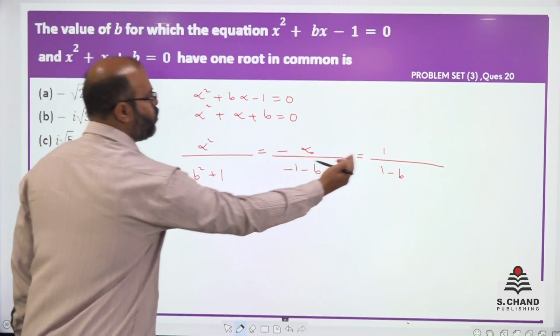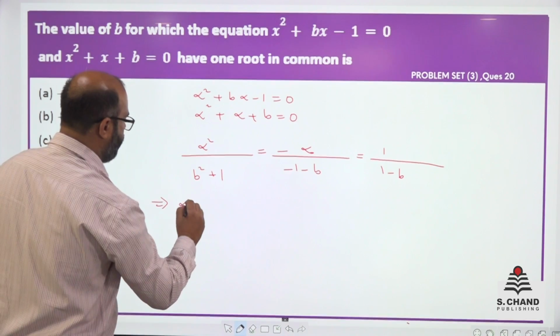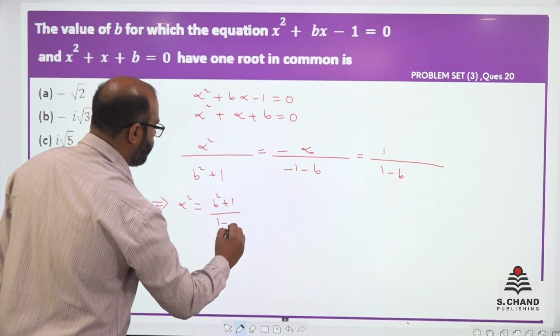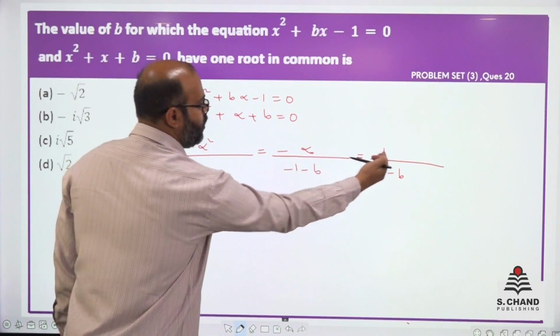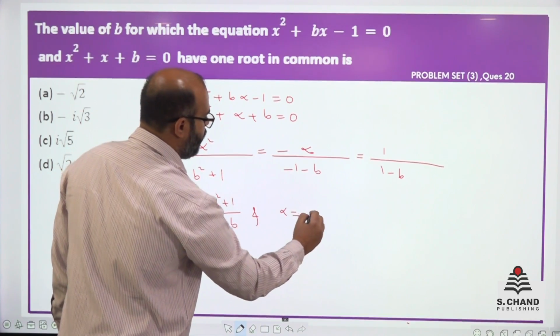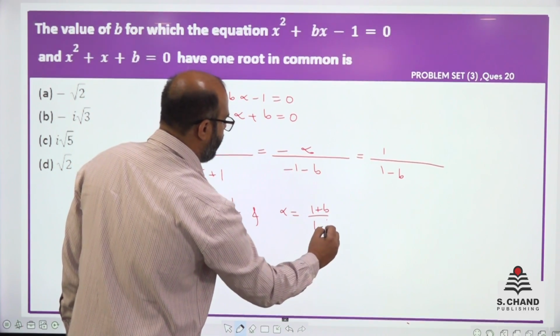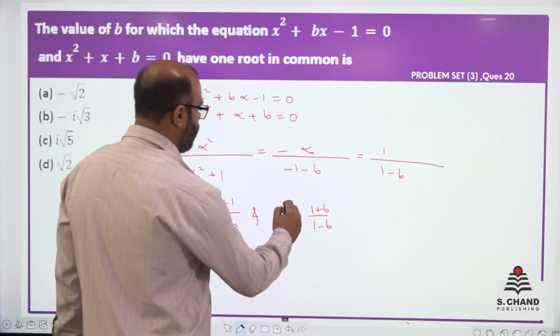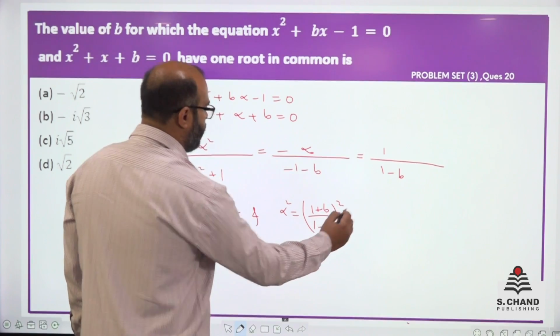When we equate these two, alpha square will be b square plus 1 by 1 minus b, and when we equate these two, alpha will be 1 plus b by 1 minus b. Now the square of this alpha will be like this.